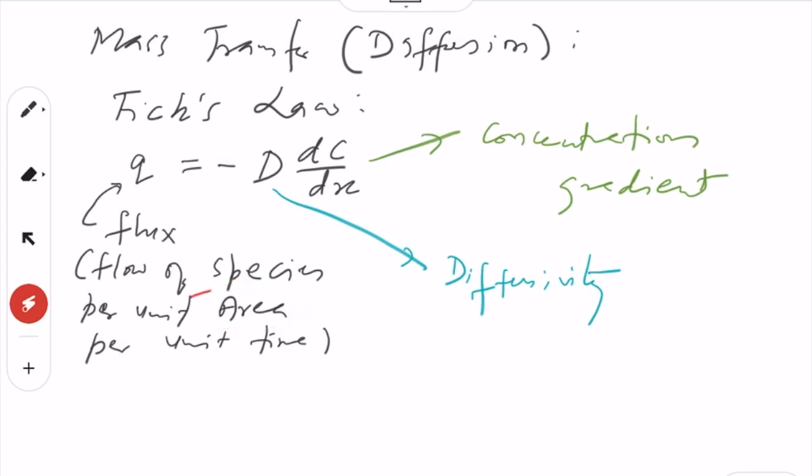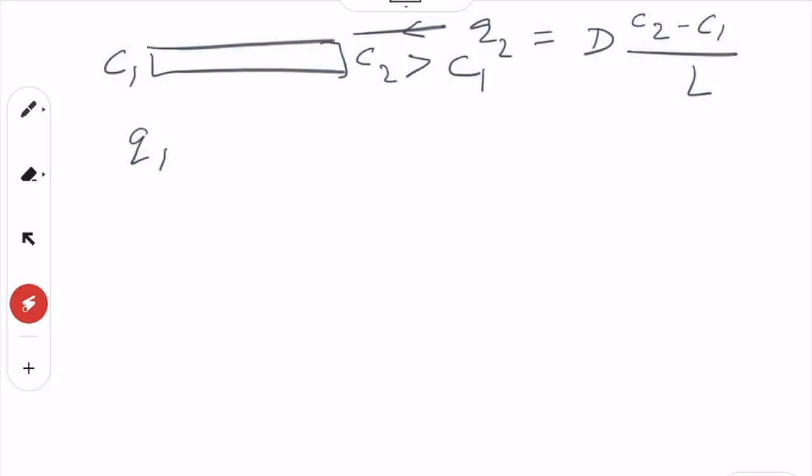So we can in fact multiply by area to mean the flow of species per unit time, the total through that cross section rather than per area.